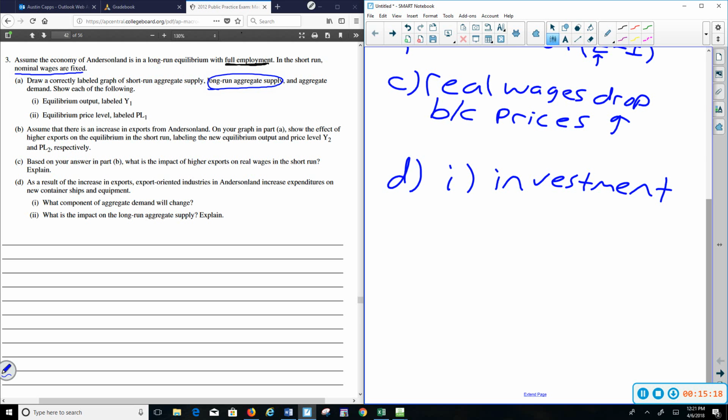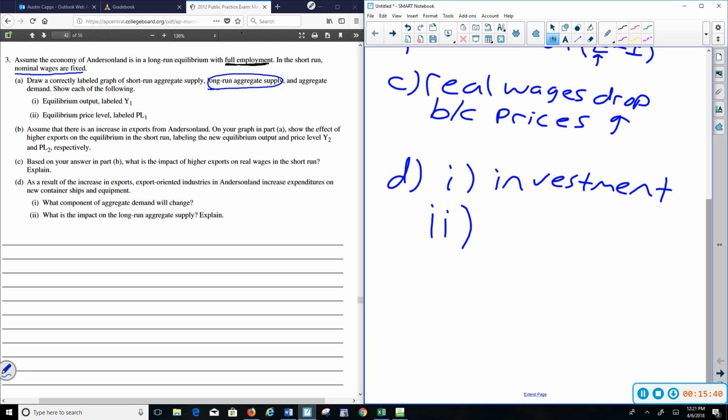So what is the impact on long-run aggregate supply as a result of this increase in investment? Remember, what was long-run aggregate supply from the first part? It's the same as potential GDP. And what is potential GDP? The amount that we are able to produce.